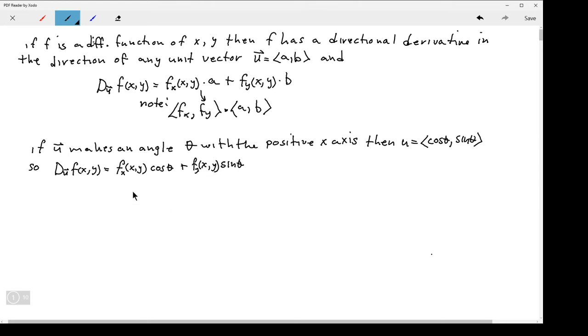Now this vector right here, ⟨fx, fy⟩, is a particular vector. It's something that gets used all the time. ⟨fx, fy⟩ as a vector is called the gradient.